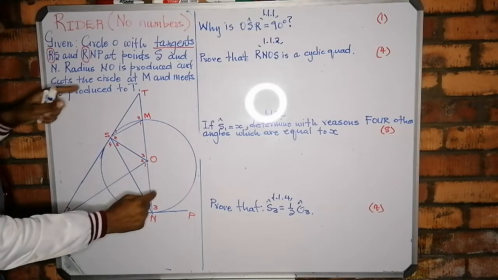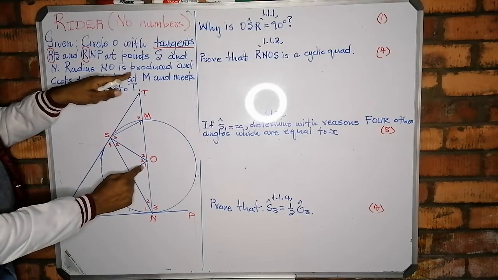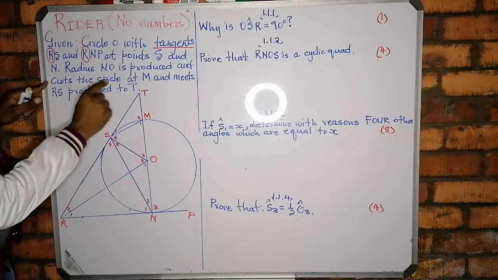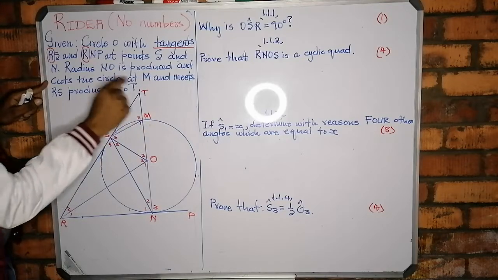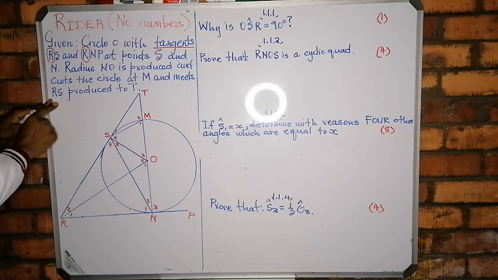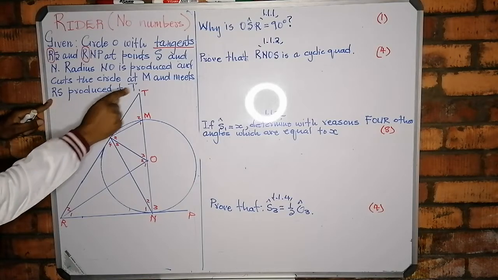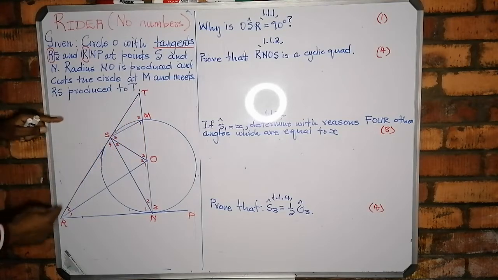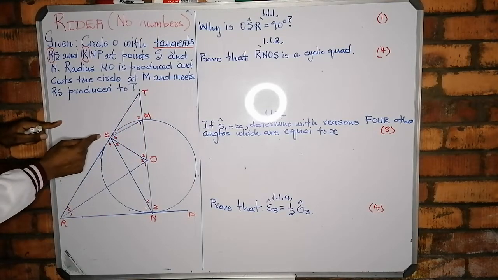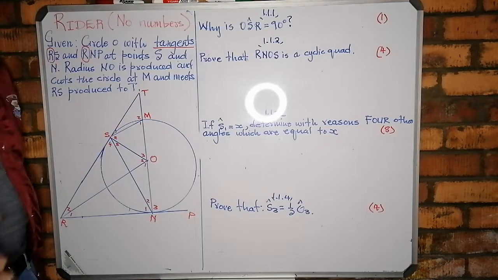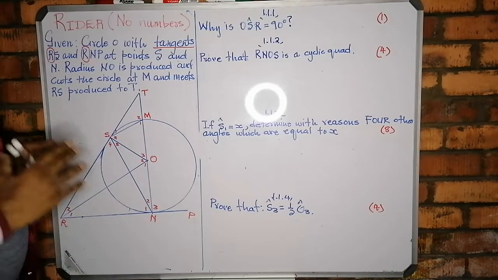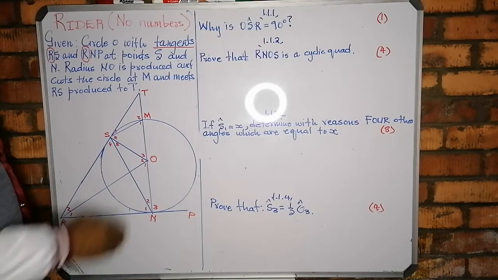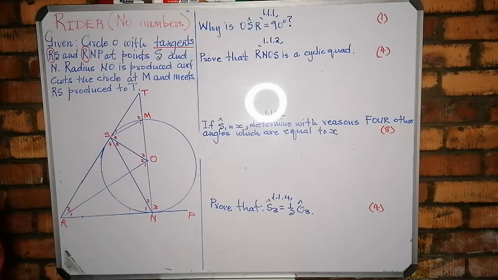It is produced there, cuts the circle at M, and meets RS produced to T. Now, we produce this, it cuts the circle there, and it goes on to meet RS produced at that point. Folks, with this statement, we have been given all the answers for the questions that they are asking.